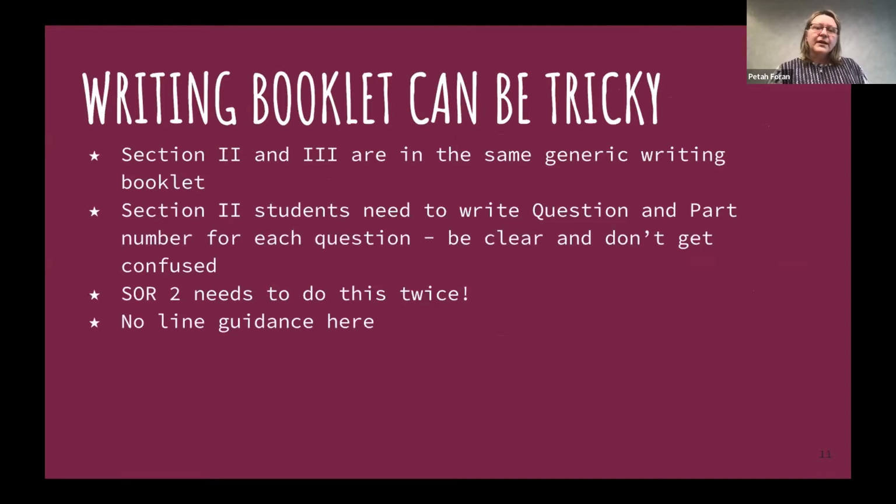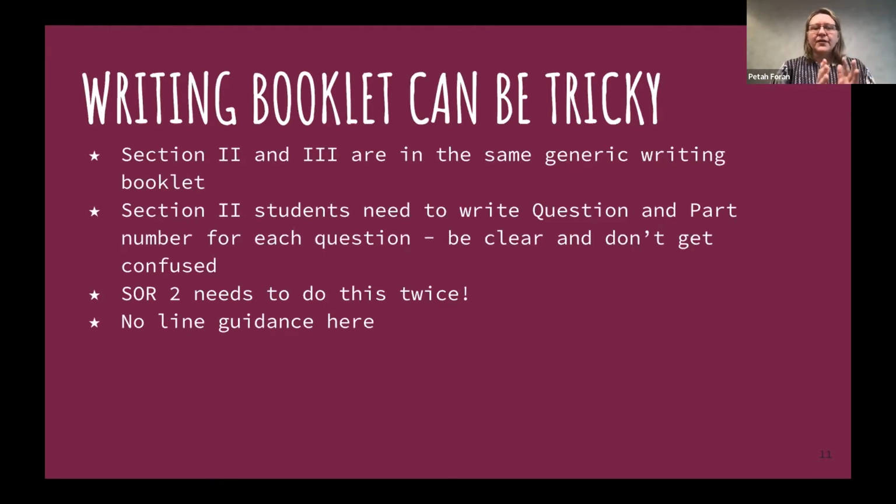The writing booklet can be a little bit tricky. Section 2 and 3 are in the same generic writing booklet. So for one unit, it'll say, here's section 2, answer your question here. And then it'll leave a spare page and it'll say, here's section 3, start your question here.